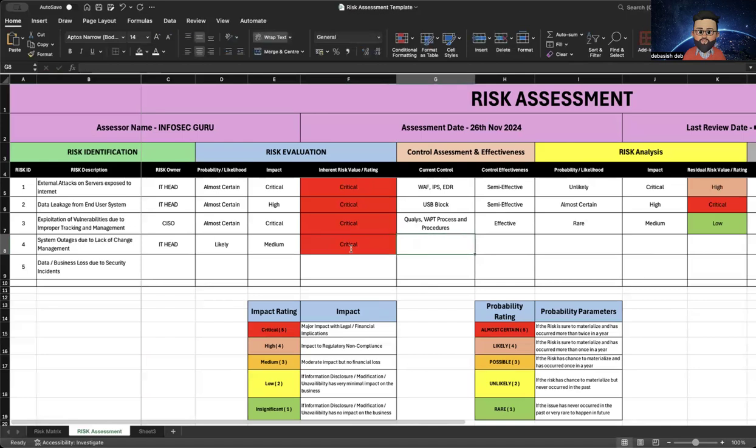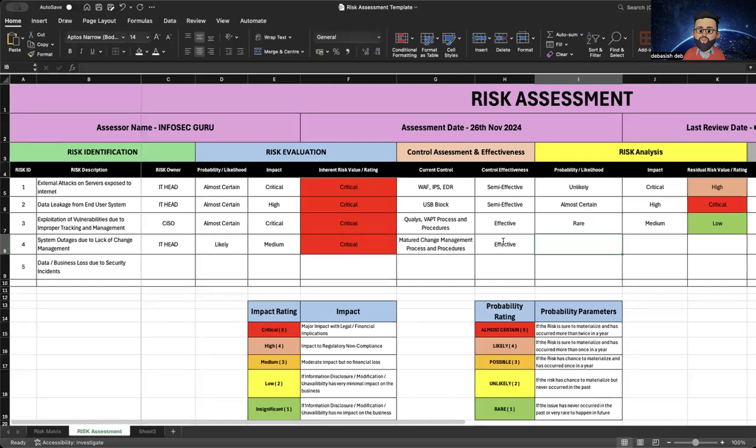What is the control? We have a matured change management process and procedure, which includes all the approval process, like CAB approvals and all the change risk assessment and everything. So this process, I would say, is effective.